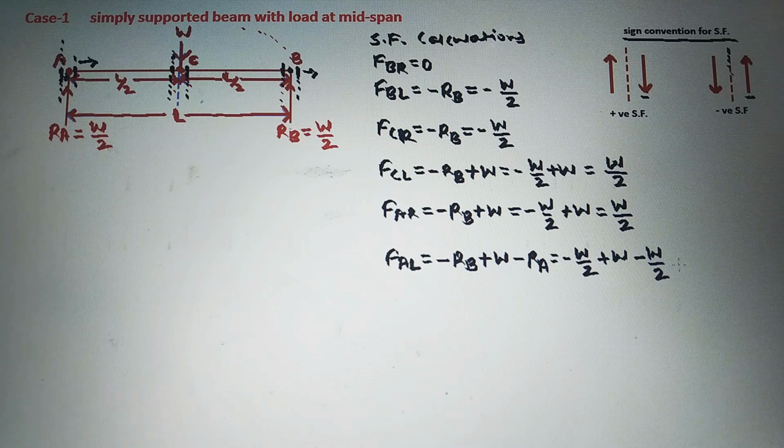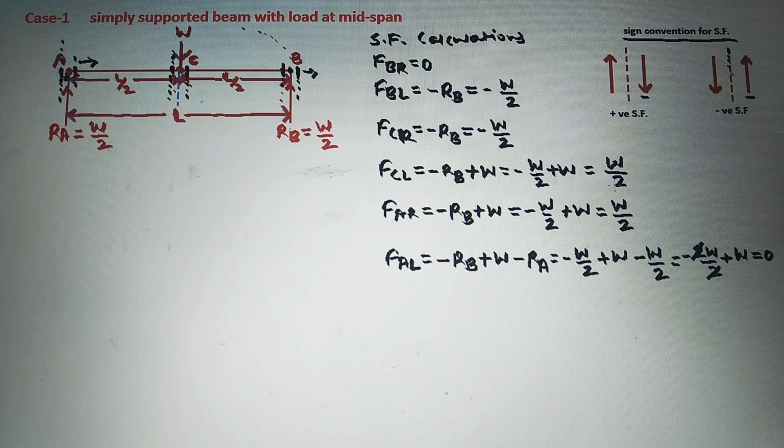Minus of W by 2 minus of W by 2 will be minus of 2W by 2, then plus W. Now this 2 will get cancelled, so minus W plus W should be equal to 0.